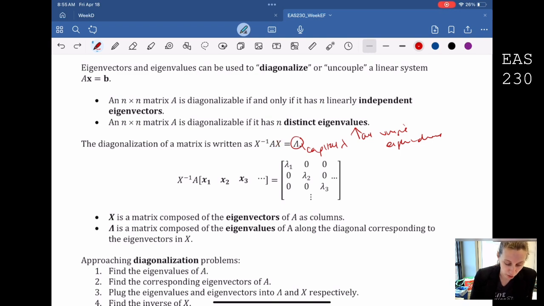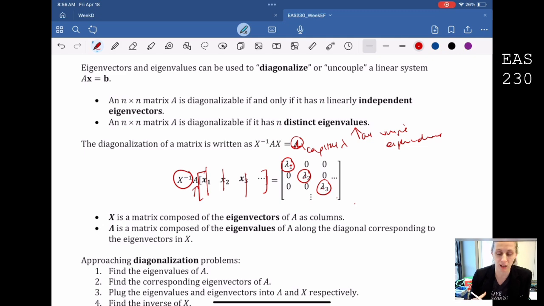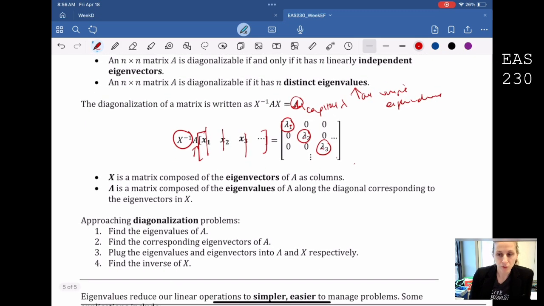Just like you saw in your project, x looks like this, where column 1 is the first eigenvector, column 2 is the second eigenvector, column 3 is the third eigenvector, etc. This capital lambda is that diagonal matrix that you had in your project, where the lambdas are on the diagonal. And then this is x inverse, and then this is just A. A comes from your system of equations, and x inverse comes from the inverse of x. Once we find all those pieces, then we can set up our diagonalization.